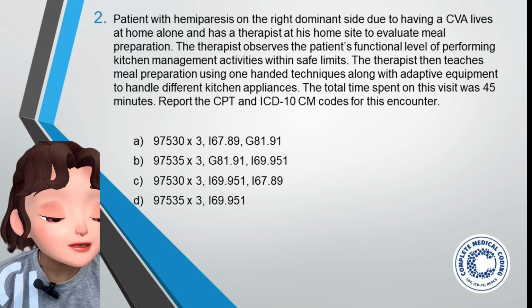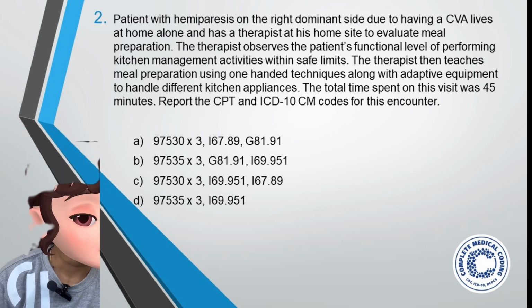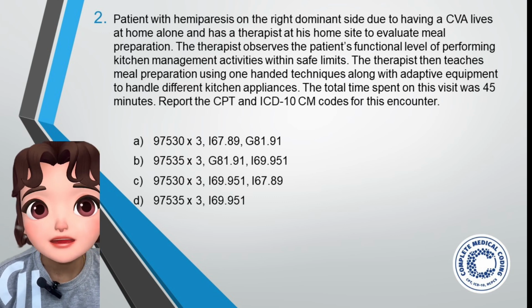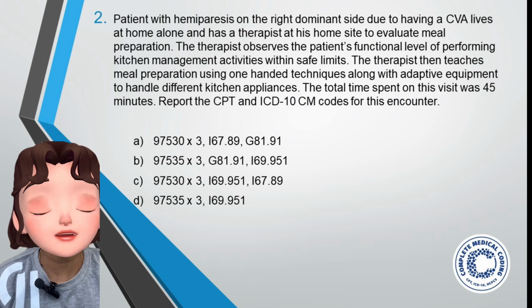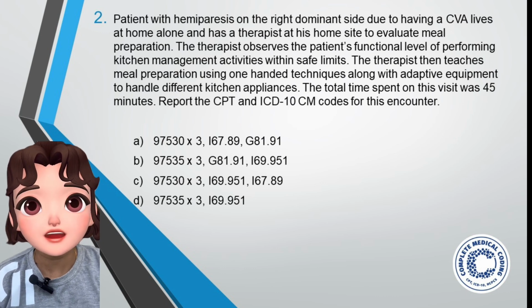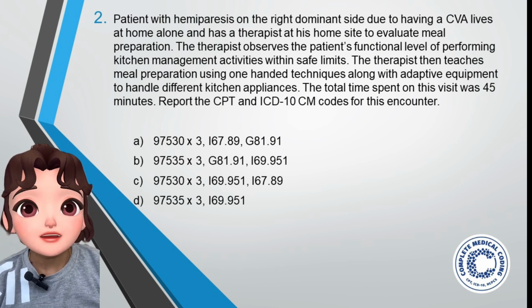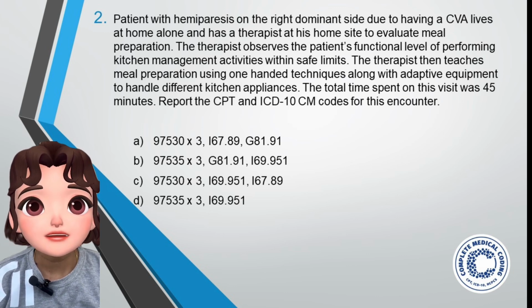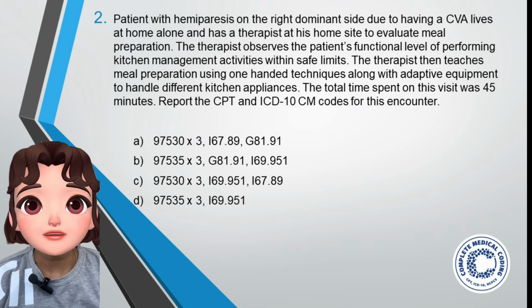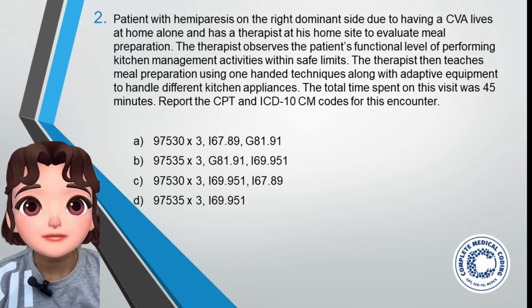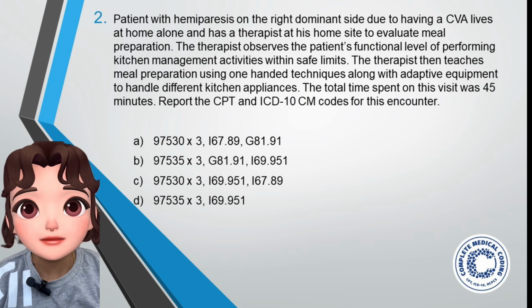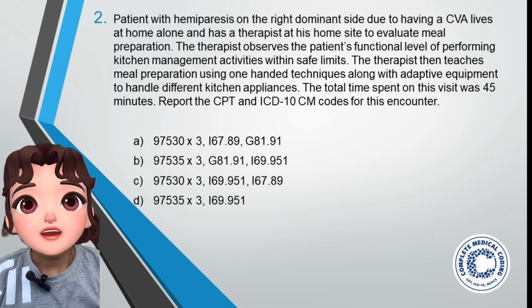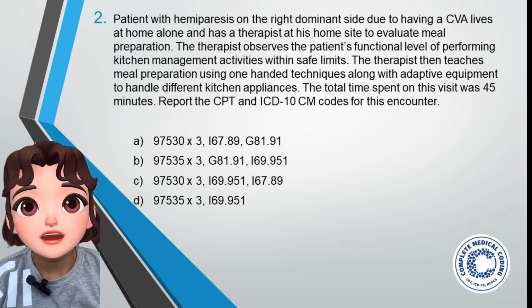What is I67.89? Other cerebrovascular disease. Only other cerebrovascular disease is mentioned. We need the exact code for the exact diagnosis, hemiparesis. So let's look into the other codes. We will check all I codes first because G code represents just the pain. Now I69, what is the next I code in the options?